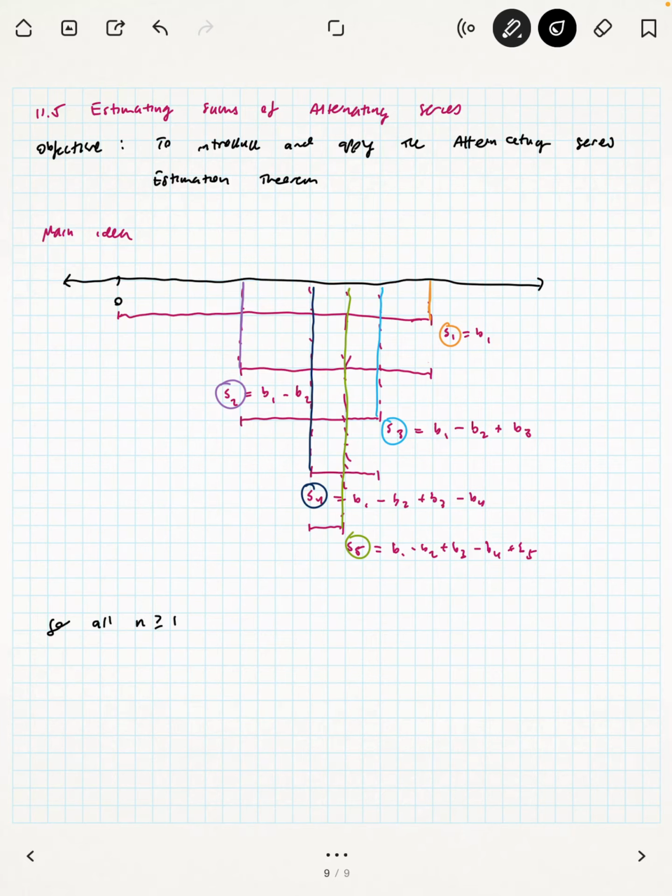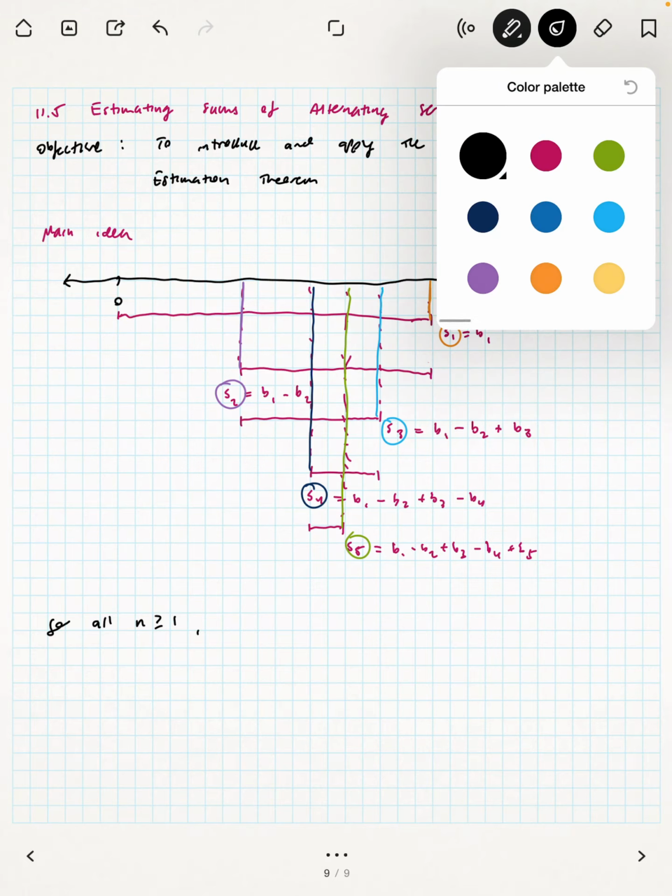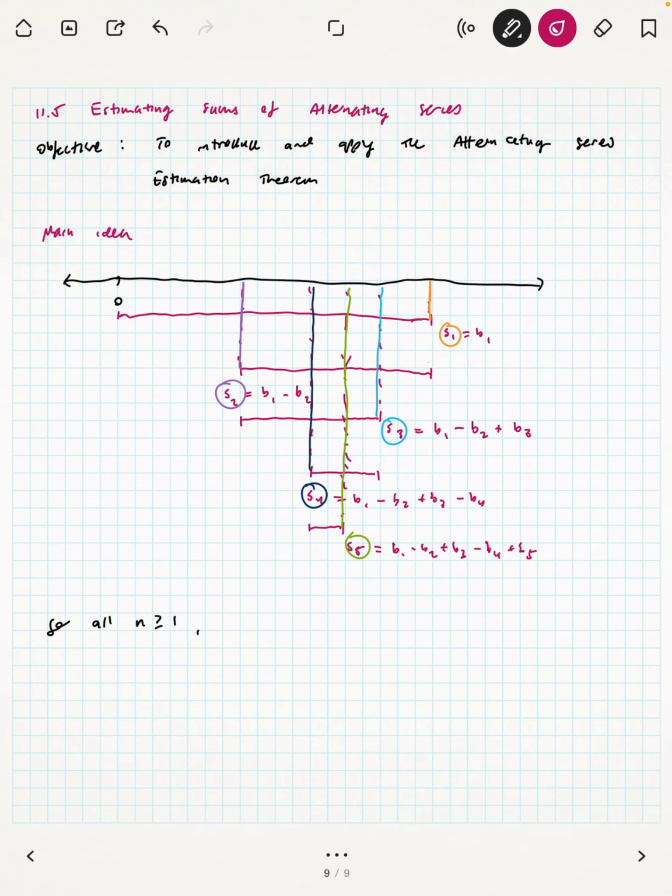Because it turns out for all positive integers n, the limit of a convergent alternating series is always going to be wedged between two consecutive partial sums.